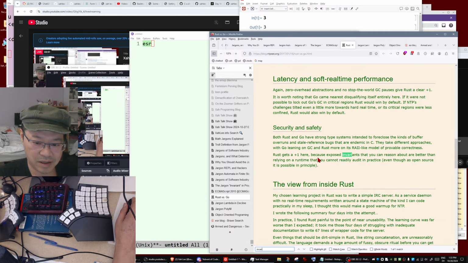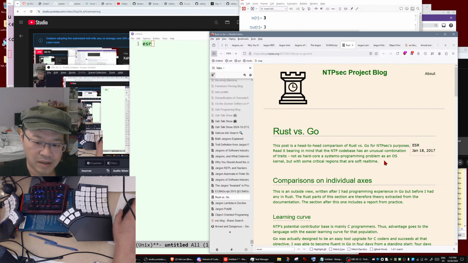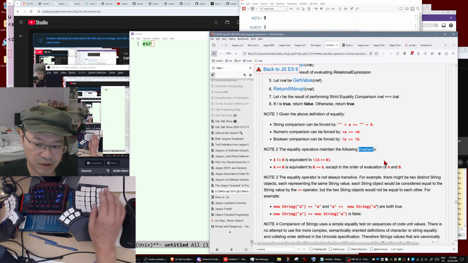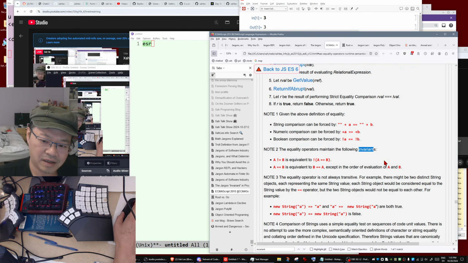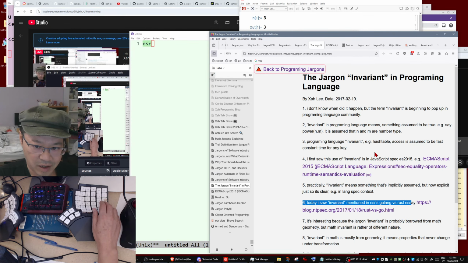There it is. You see, Rust gets an A+1 here because exposed invariants that you can reason about are better than relying on runtime behavior that you cannot read readily in practice. Anyway, the jargon 'invariant', which I think is a very stupid jargon. The very concept of invariant, I don't think it's good. Anyway, so, the jargon invariant.